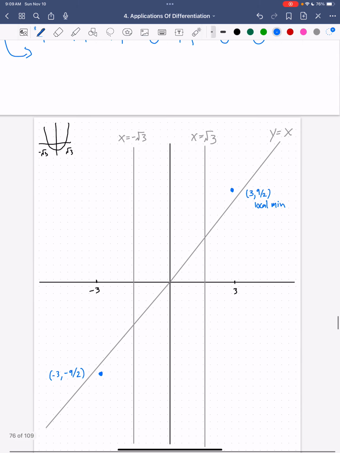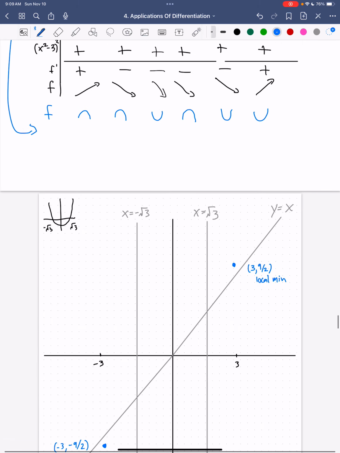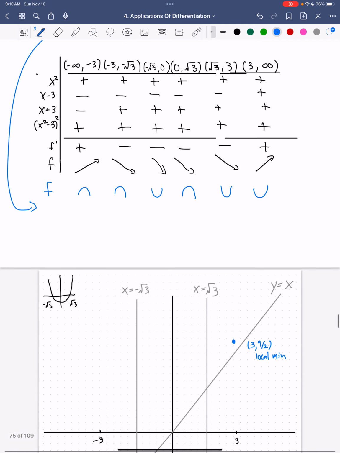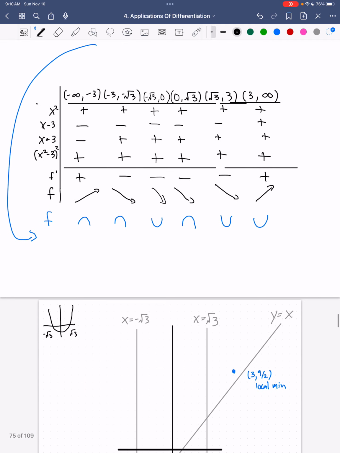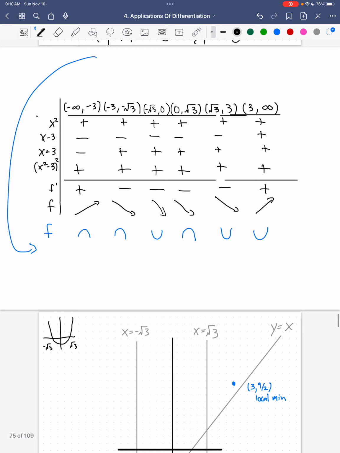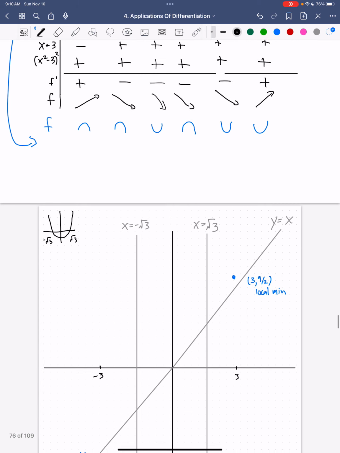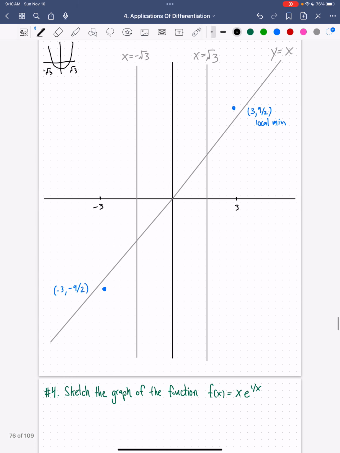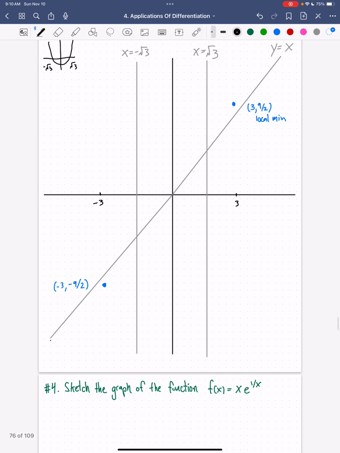Great. Okay, so now we can just put together the information from the table and start the sketch. So we see that our function starts off as we head towards the local max at negative 3. We are increasing and concave down. And we know that we've also got that slant asymptote, so we can start closer to that slant asymptote, and then we're increasing while being concave down.